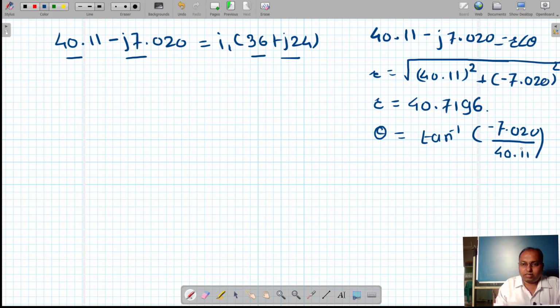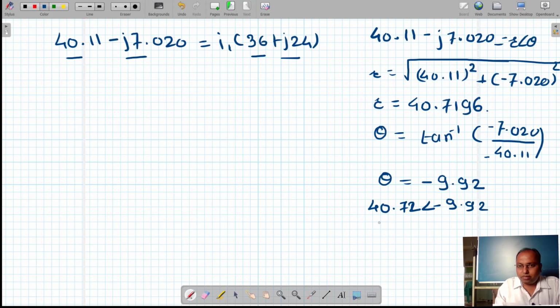Theta is coming as minus 9.92. So this is represented as 40.72, angle minus 9.92.